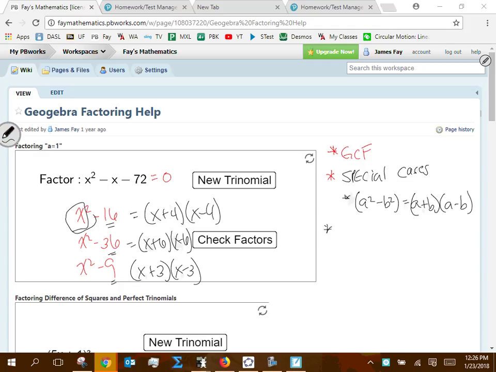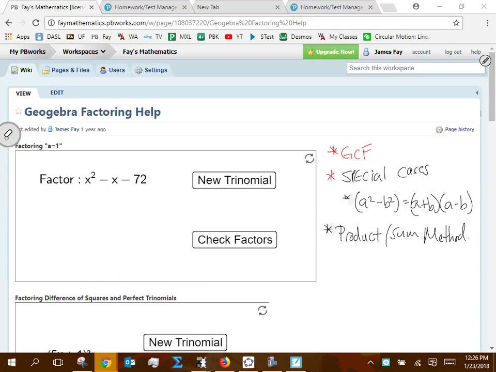The next thing you're going to do is look to use what we call the product sum method, technique, whatever you want to call it, rule. And that's really what we're going to use here. The product sum method is I'm going to look for two numbers that multiply together to give me negative 72, and add up to give me negative 1.